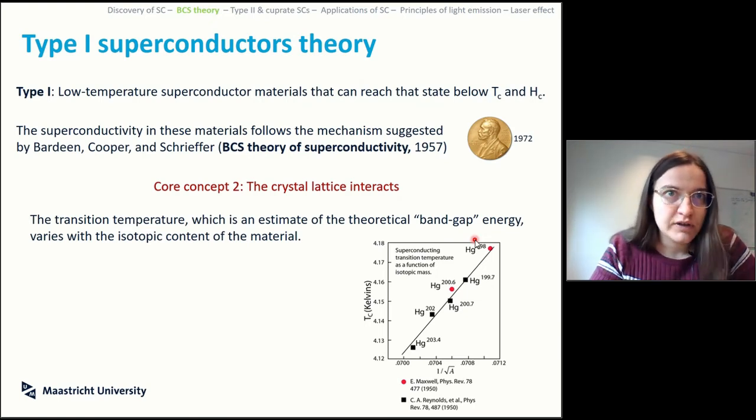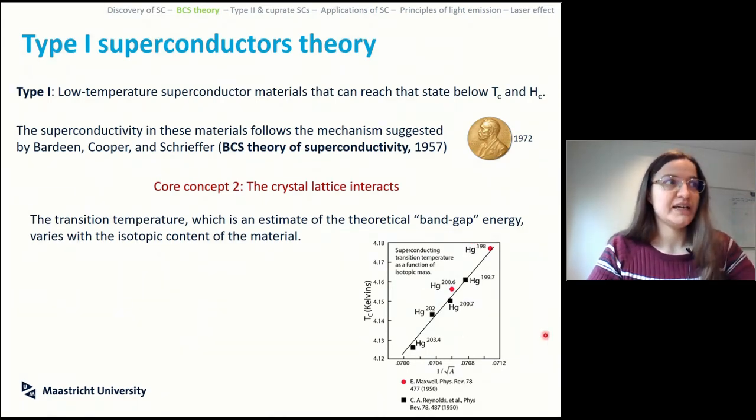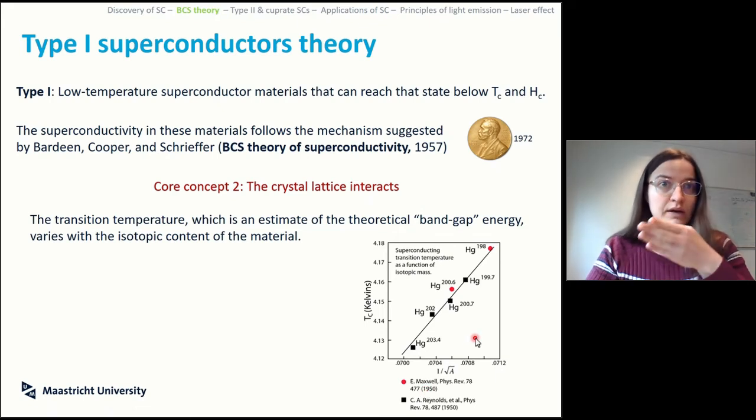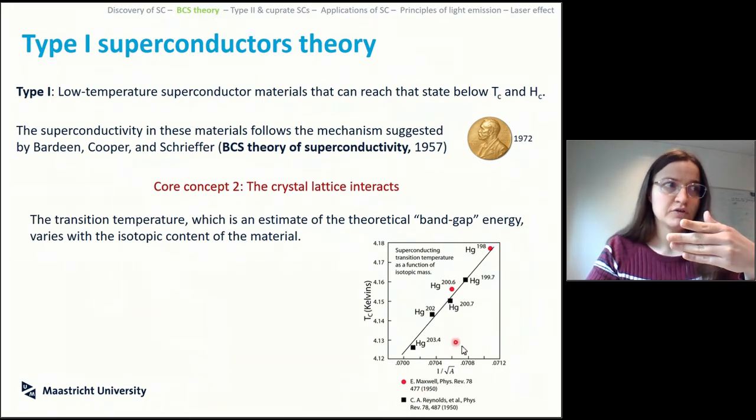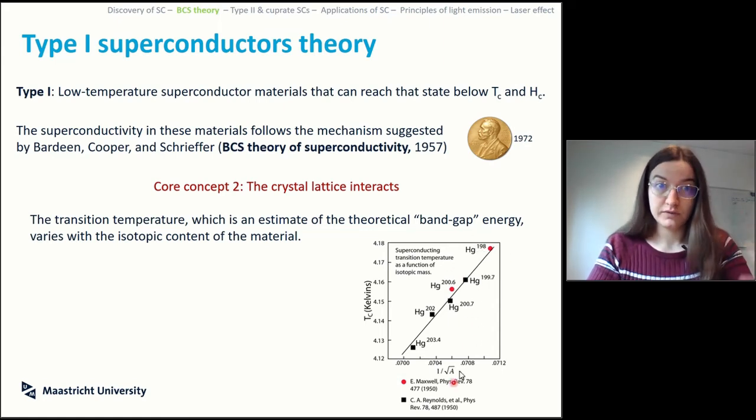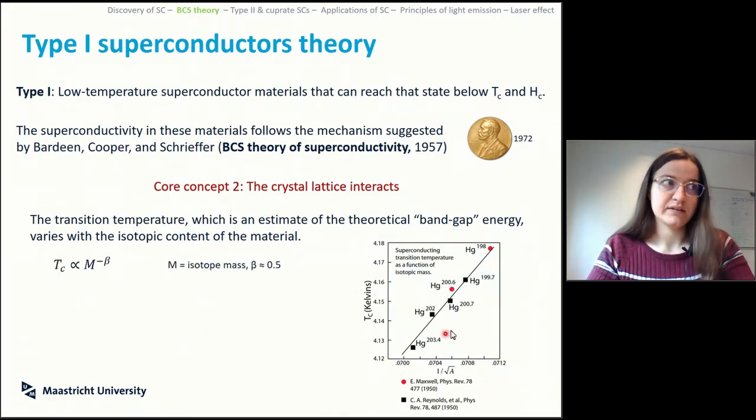So if the conductivity is purely electronic, then it shouldn't make any sense for the conductivity to be dependent on the mass of the isotopes. And instead, with materials like mercury, for which you can actually control the isotopic quantity, if you isolate the different isotopes of mercury and measure the transition of superconductivity, you can see that there is a clear dependence.